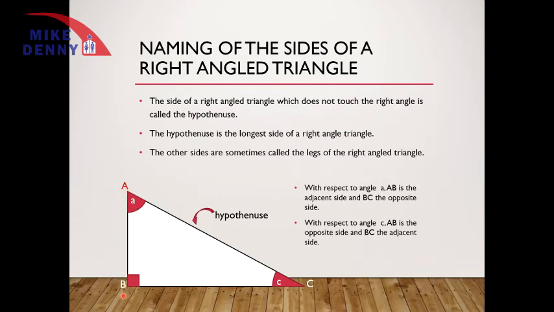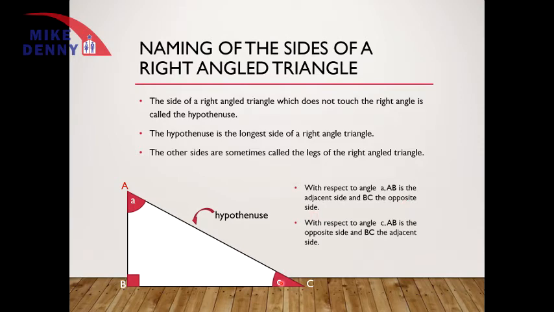So AB is adjacent to A, and BC is opposite angle A. With respect to angle A, AB is the adjacent side and BC is the opposite side.